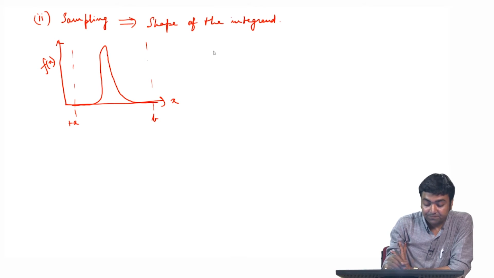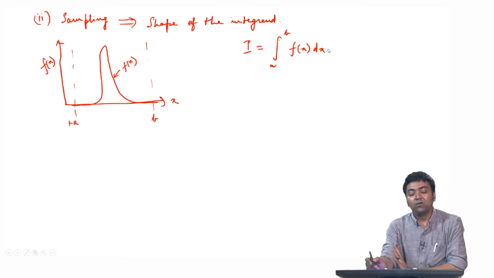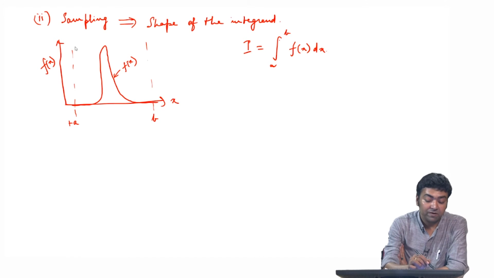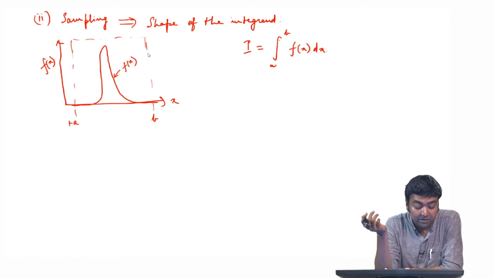If I call this function f(x), what I am interested in is the integral from a to b of f(x) dx. In brute force Monte Carlo, or even in my acceptance-rejection method, which is supposed to be an improved one, we will generate lots of numbers that lie between a and b.